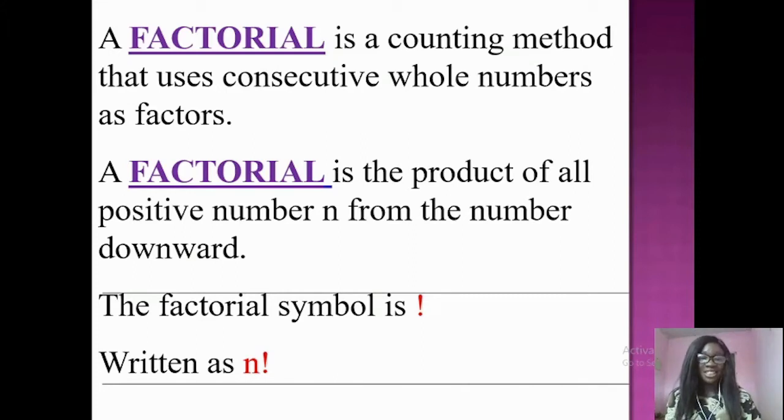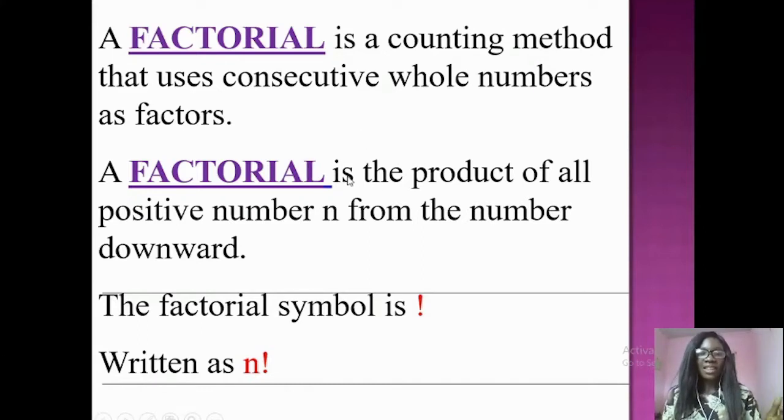The next definition says a factorial is the product of all positive numbers. Of course, the numbers have to be consecutive, that means going step by step. Consecutive means counting downward 4, 3, 2, 1. You're not going to say 4, 1, 9, 10. No. Consecutively, next after next. That's what I mean by consecutive whole numbers.